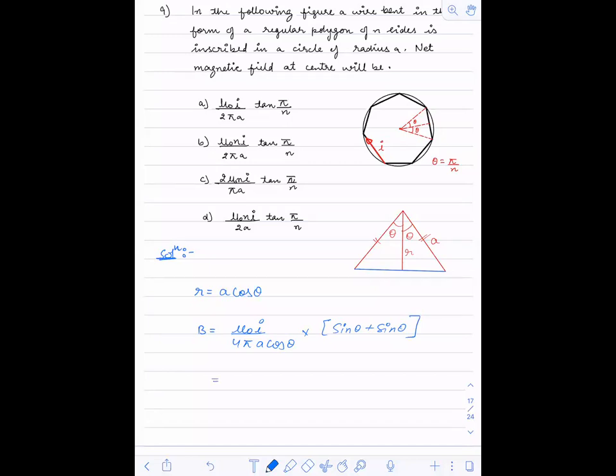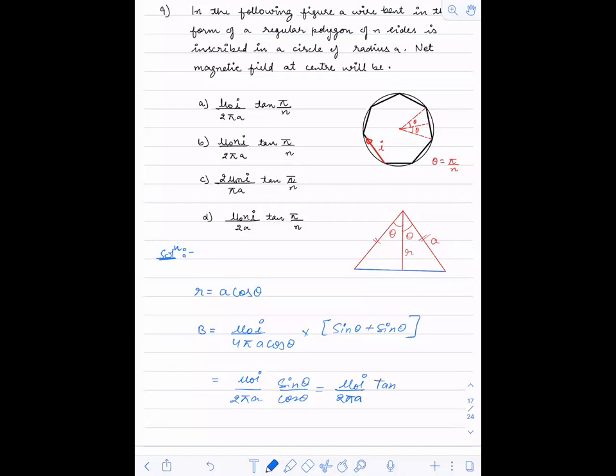So this becomes mu naught I by 2 pi a, with 4 and 2 cancelling, sine of theta divided by cos of theta. So this becomes mu naught I by 2 pi a tan of theta.